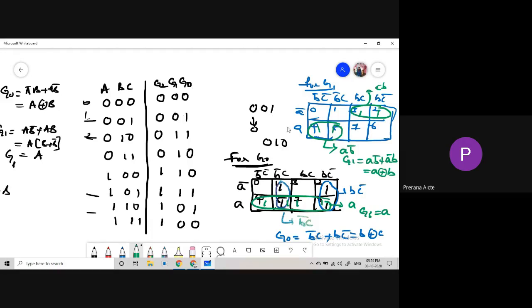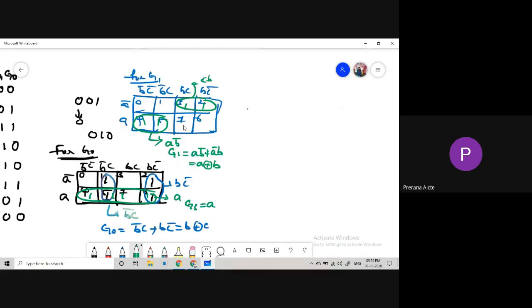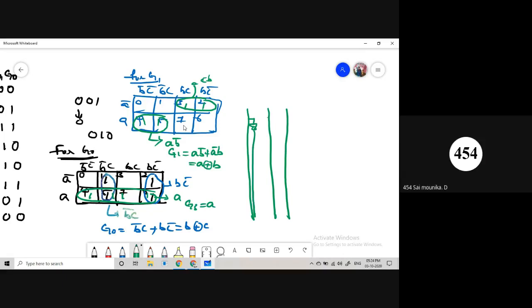So for construction, how many gates are required? It consists of 3 inputs like A, B, C. We are taking complements also, so the NOT gate. For G0 we are using one XOR gate, and for G1, another.